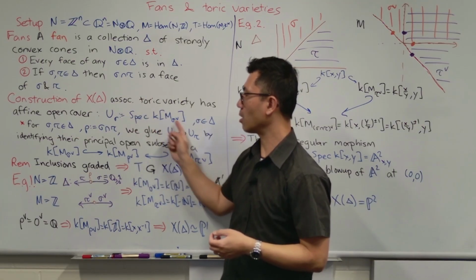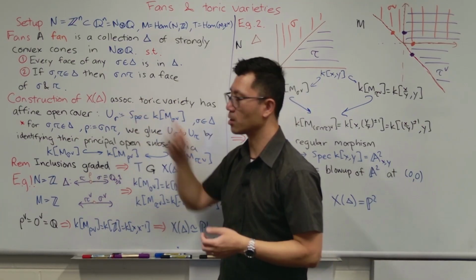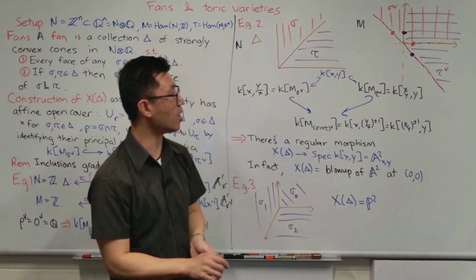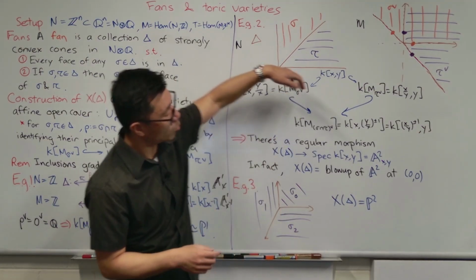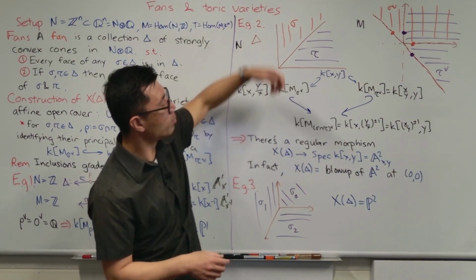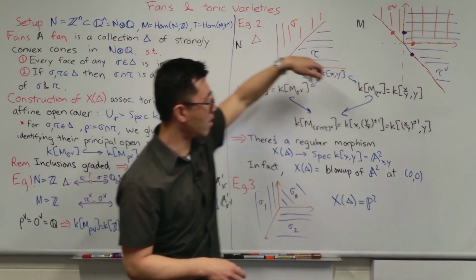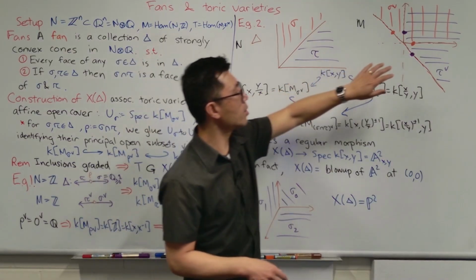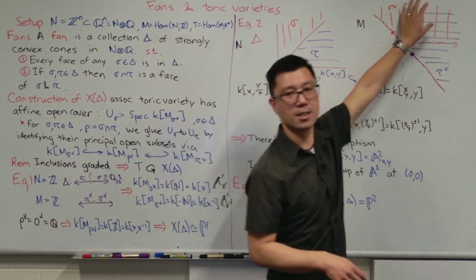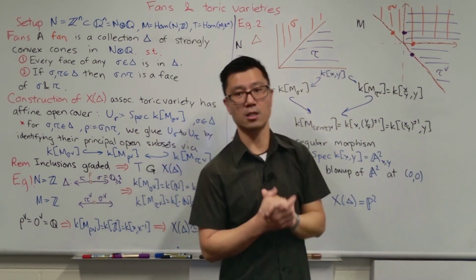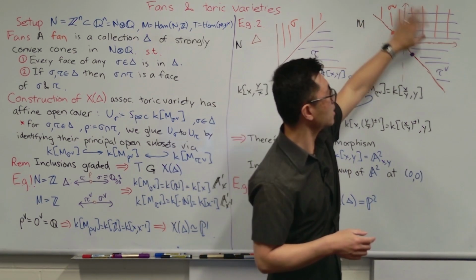And their spectra, okay? So they'll be the coordinate rings of the associated affine open sets that we want to use to construct our toric variety. So we'll see straight away that our toric variety here, X_Delta, will be covered by two affine varieties. So let's have a look at what K[M ∩ sigma check] is. We take this region inside the two-dimensional rational vector space and we look at the lattice points inside here.